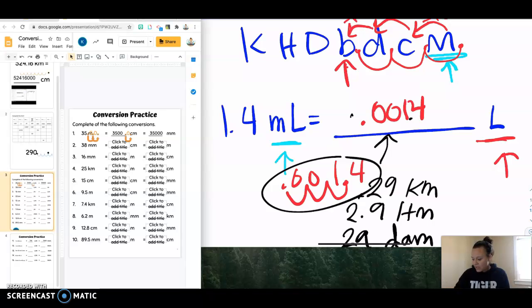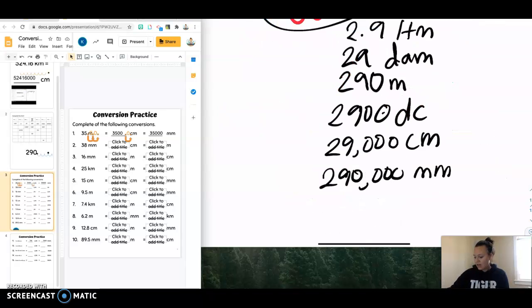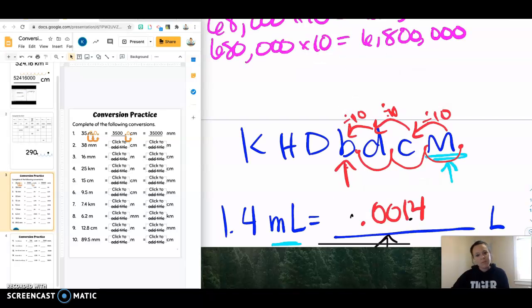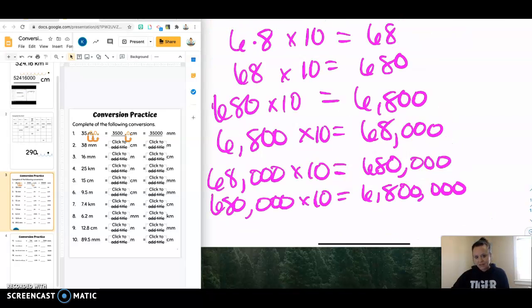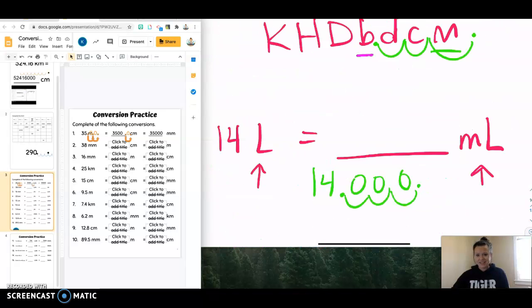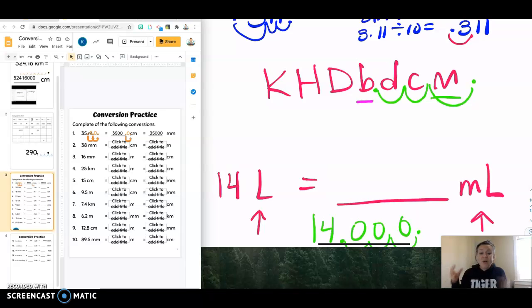The other thing I want to look at is I want you to notice what kind of patterns you see as we look through this, as far as what numbers are changing, what numbers are we adding? Okay, what do you notice? Okay, so our main number is going to stay the same. It always will stay the same. We're just going to add zeros either to the front or to the end, depending on where our decimal is.